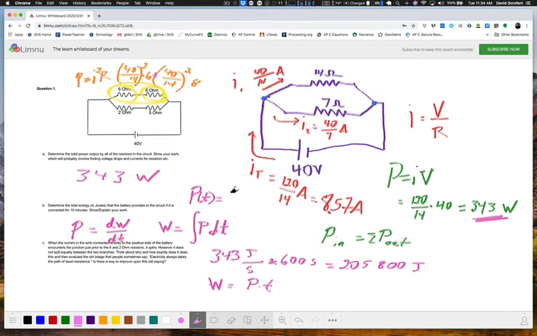If it was something like, I don't know, 5t, some such thing, then I would actually have to do the integral from t equals 0 to t equals, what were we, 600 in this case. I'd have to perform the integral for real to get the total number of joules. All right, but that's our answer for this case.